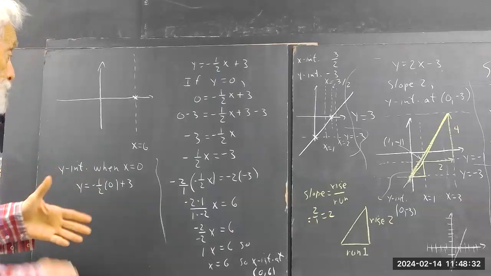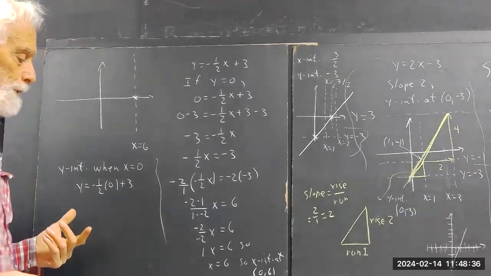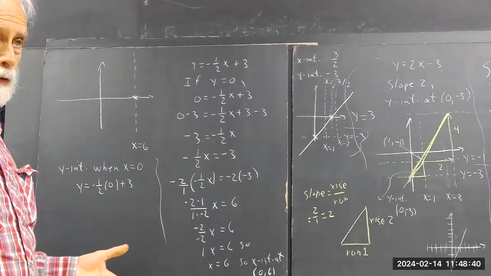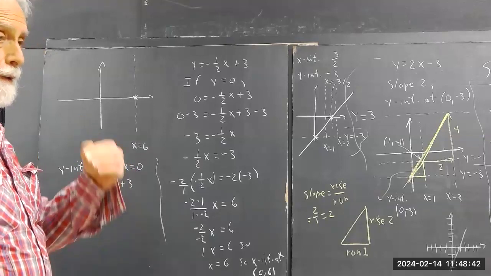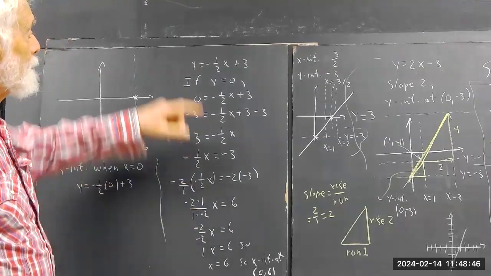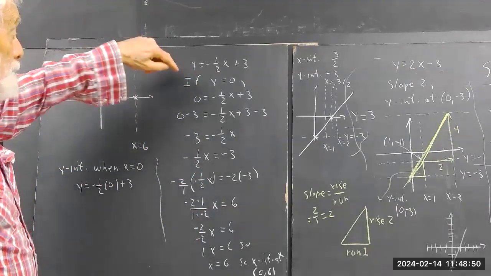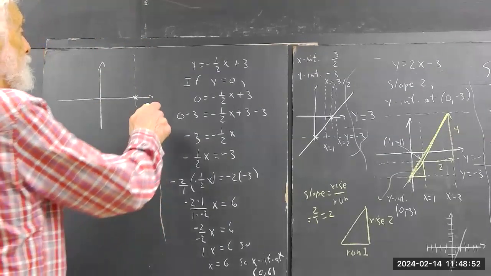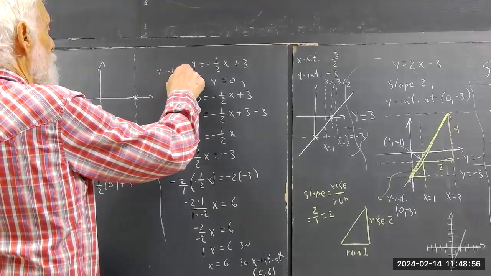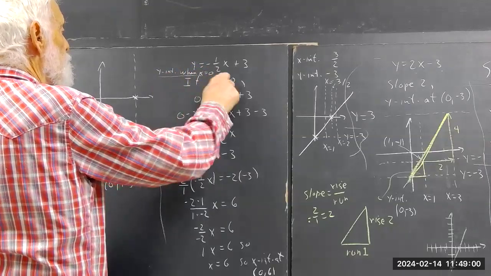So we have to reinforce this idea because this is something that 2/3 of the way through the course, people still will not remember. We want to remember it now. Okay, so, and I didn't write it up here. I'll write it small: y-intercept when x equals 0.